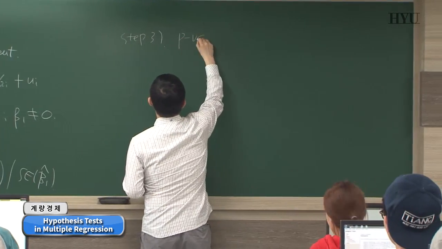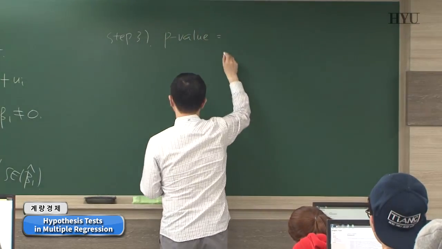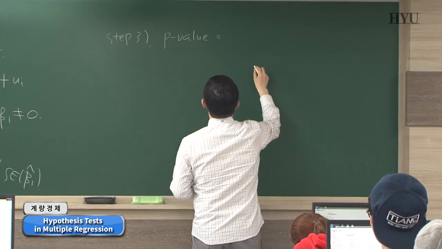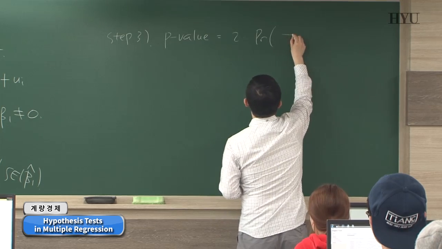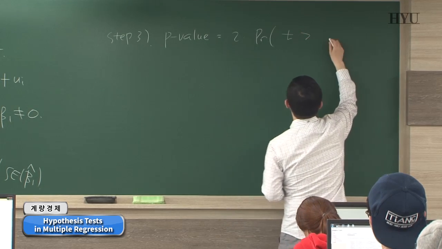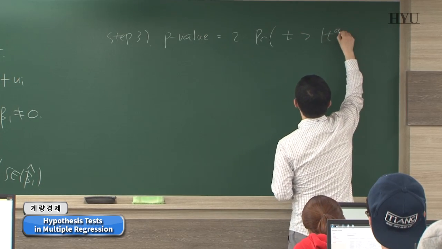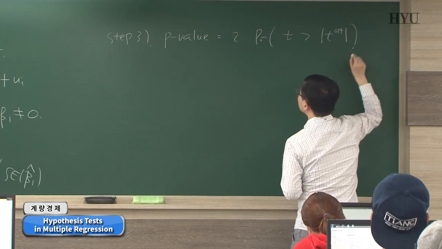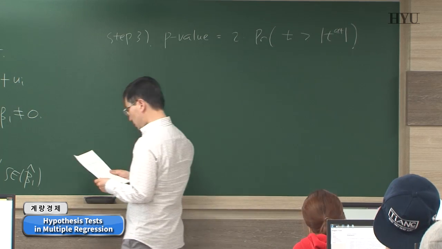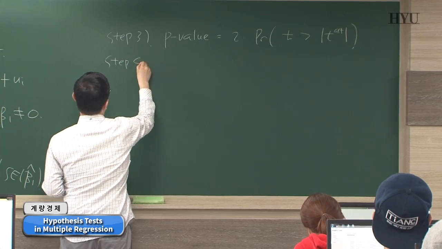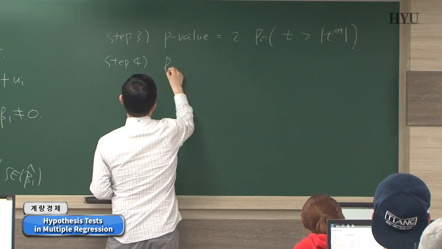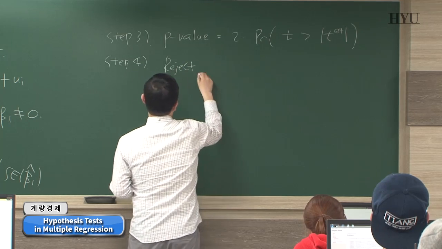The next step is to get the p-value, which is 2 times the probability that the t-value, which is a random variable, is bigger than your actual t-value. And the last step is the decision.